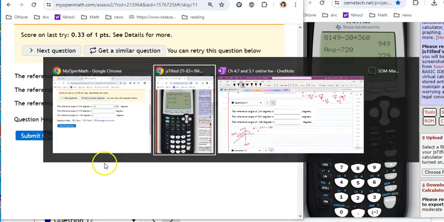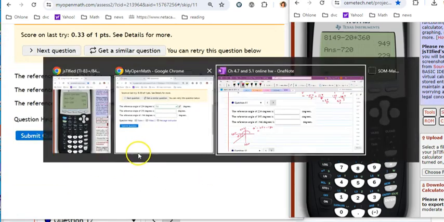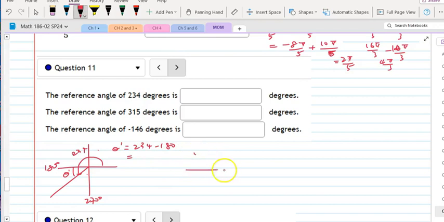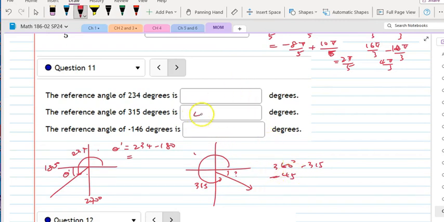The second one is 315. This is 315, right? So the terminal side is in quadrant 4. What is this angle? That's 360 minus 315, that's 45 degrees. So the reference angle is 45 degrees. What about negative 146? This is more than 90, right?